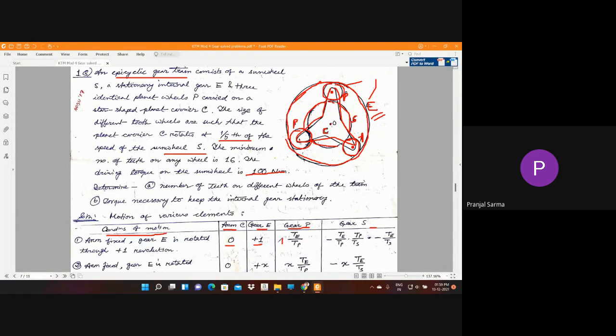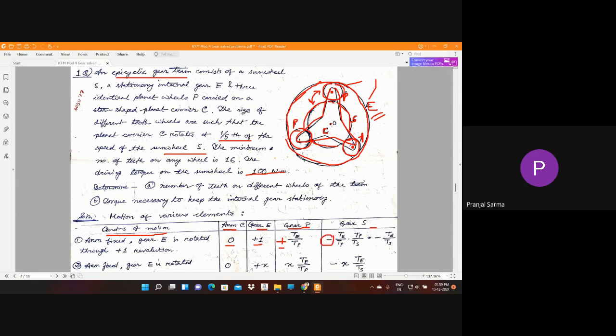That's why it is positive, TE by TP gives the motion of gear P. Now once the planet gear has got the motion, it is in external mesh with the sun gear S. If it is externally meshed, the sense of rotation of the two gears will be different. So if gear P rotates in a positive sense, the sun gear S rotates in the opposite direction, so we put negative.